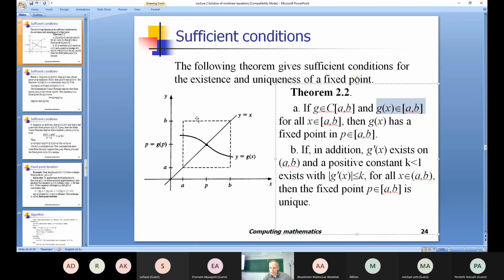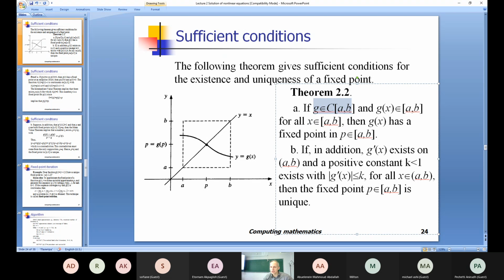It means that I can imagine a square, and x is from a to b, and the value of the function is also somewhere inside this square. So these two conditions mean that the value of the function is in the square, not outside of the square.